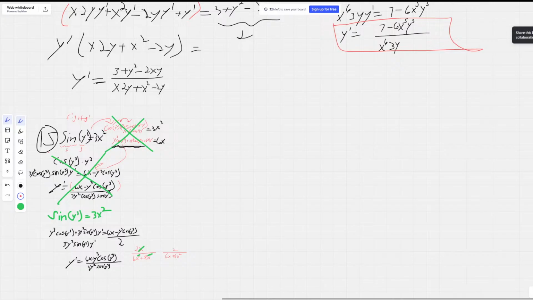Anywho, 15 equals 6x minus y cubed cosine y squared sine x cubed.